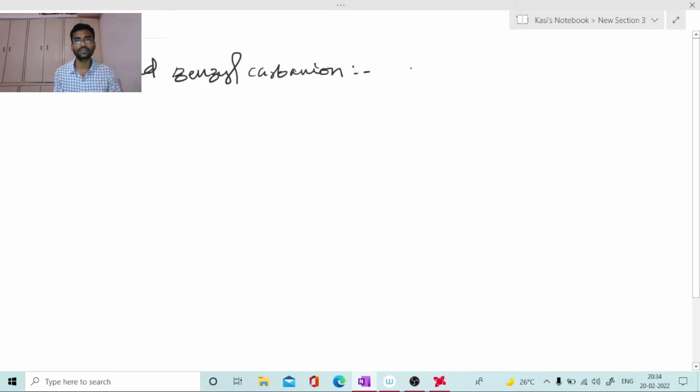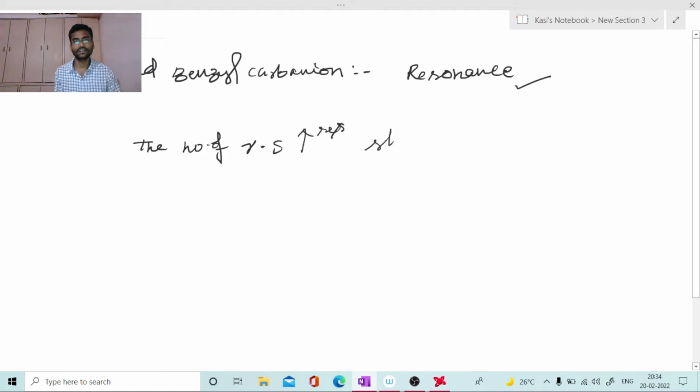How can the stability of carbanions be explained? By the resonance effect. We know that as the number of resonating structures increases, stability also increases.